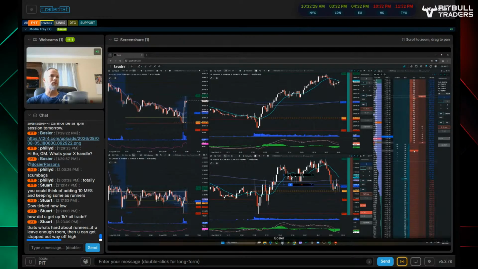So the question is, do they just suck in a bunch more shorts? You've got stops now above the 58 and 3/4, and then the big stops way above, right? So it's a matter of, do they hold this and keep this sort of bullish move alive?